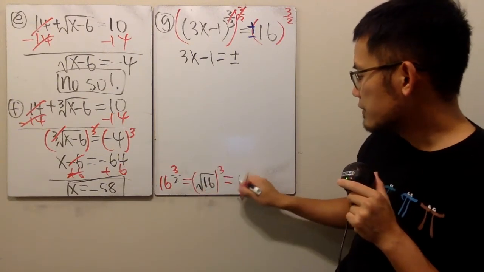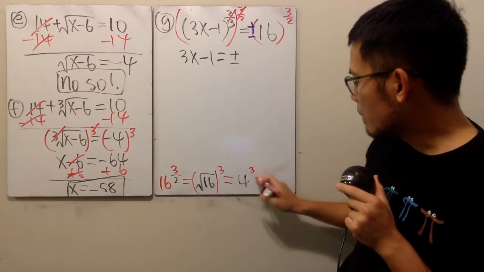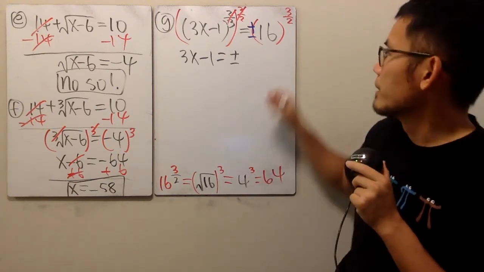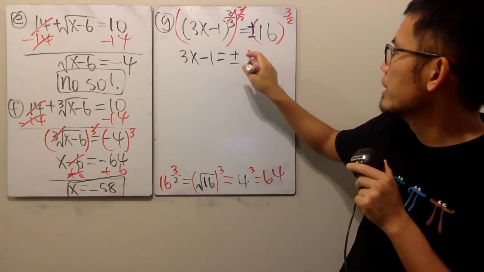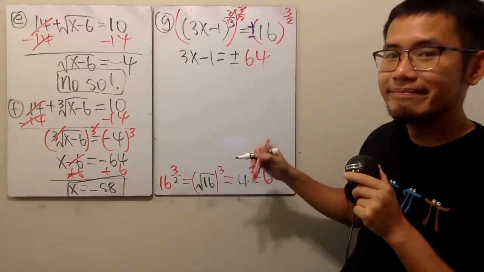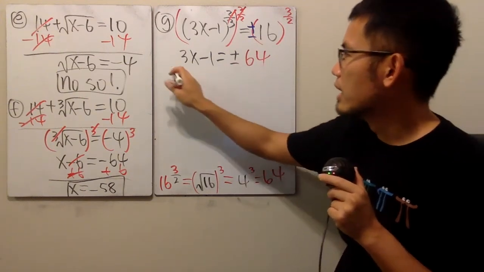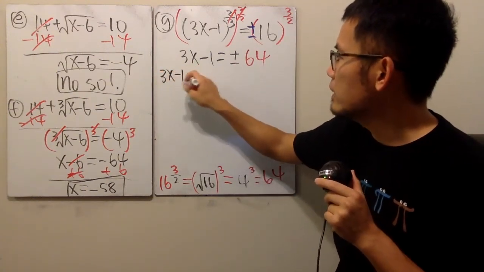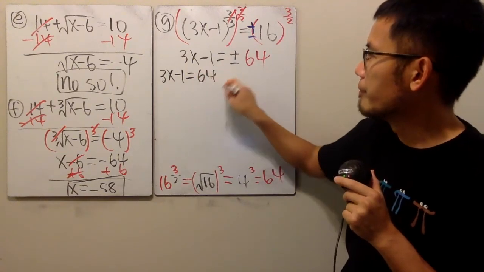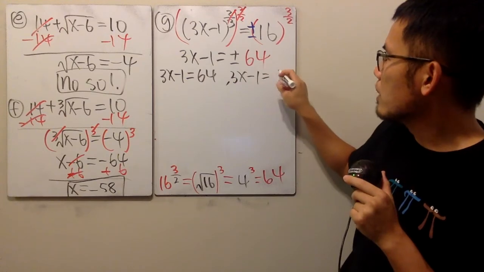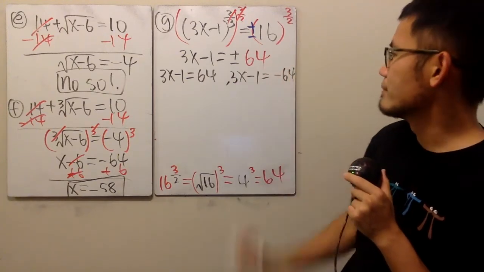Square root of 16 is 4, and then to the third power, we end up with 64, like this. So, 16 to the 3 half power, we end up with 64. But we do have the plus minus, so we have to write it as two equations. First one, 3x minus 1 equals positive 64. Next one, 3x minus 1 equals negative 64.